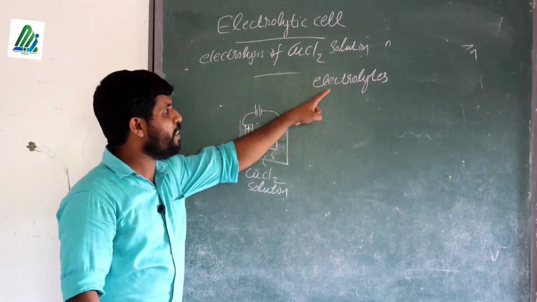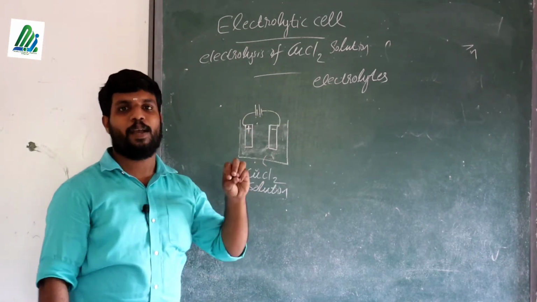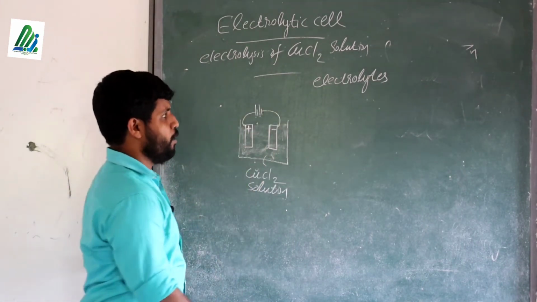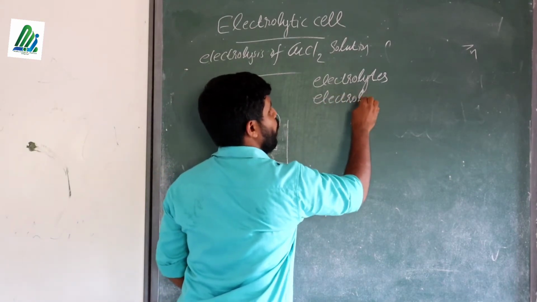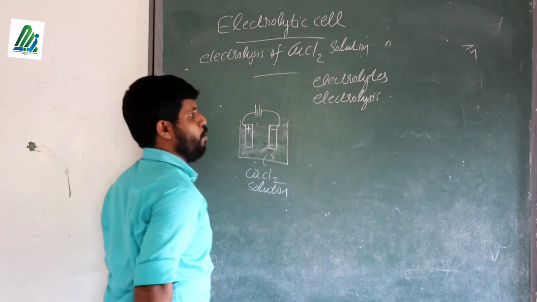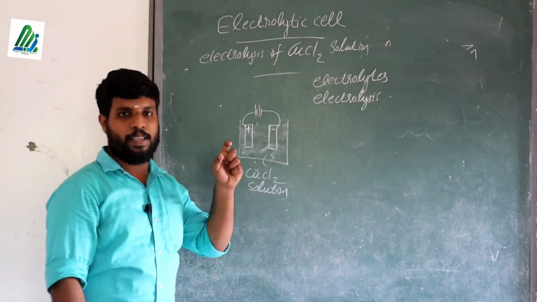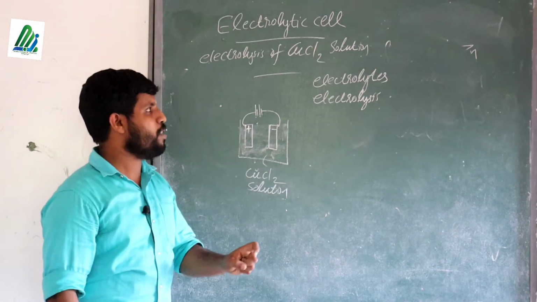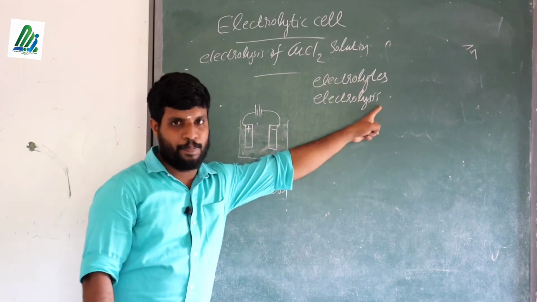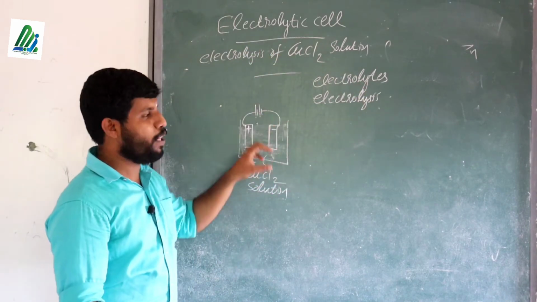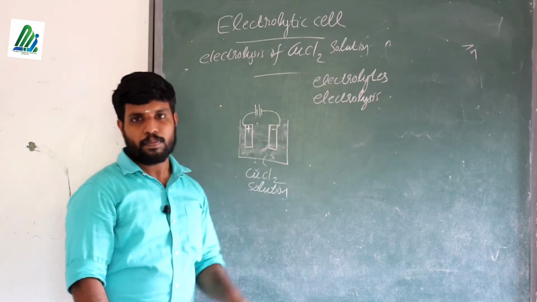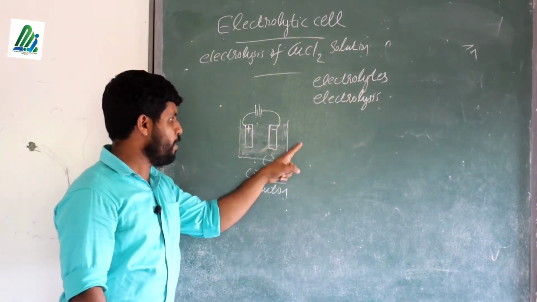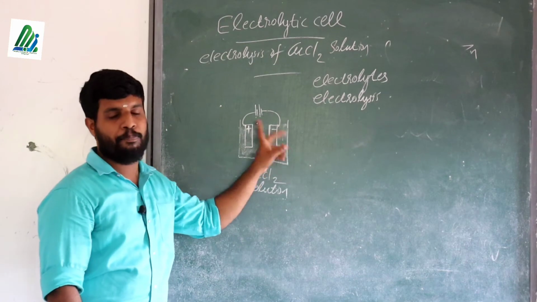By passing electricity through electrolytes, chemical reactions take place, and that process is known as electrolysis. We electrolyze that solution by using the electrodes.